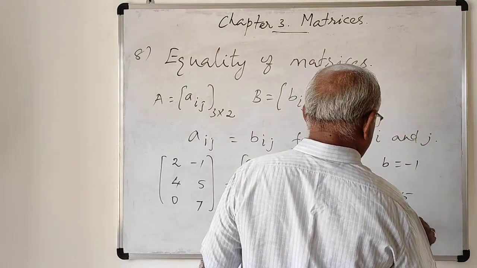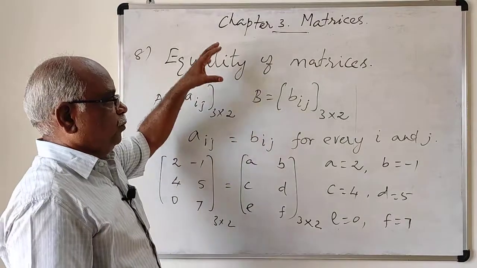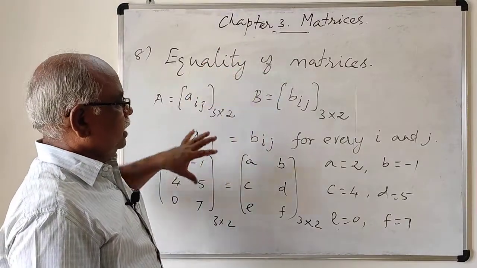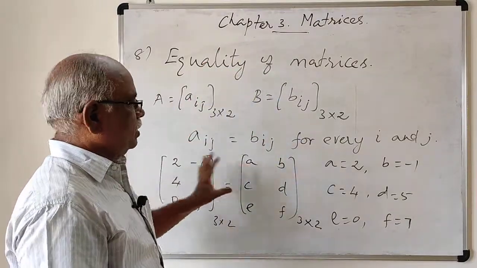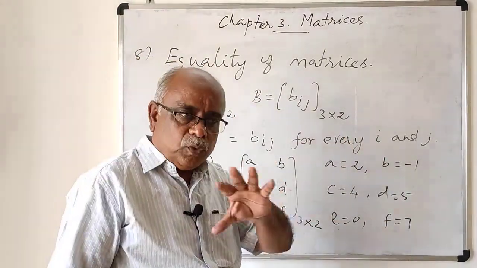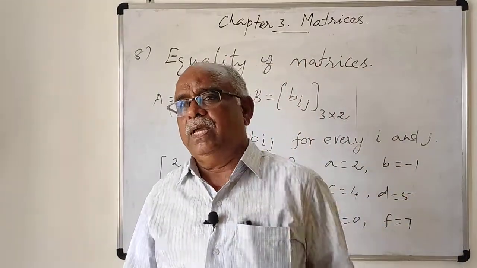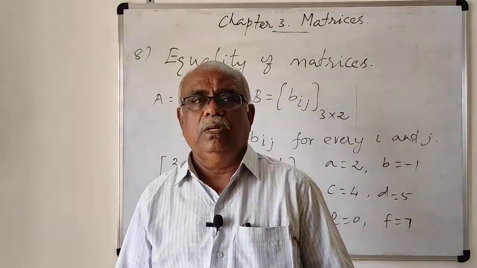This is element-wise, they are equal. So two matrices of same order with equal elements are said to be equal matrices. So this is the equality of matrices. So using all these ideas, we are going to solve the problems in our next video. Thank you.